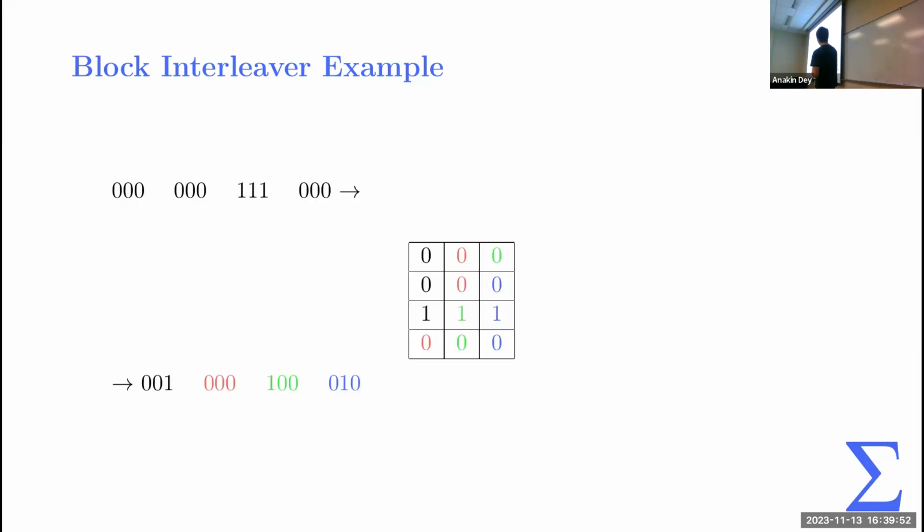So we take our matrix, we write the bits, third code word, fourth code word, then we read them out in column major order. The bits are colored just to help emphasize where each bit is coming from, but we end up with 0, 0, 1, 0, 0, 0, 1, 0, 0, and 0, 1, 1.